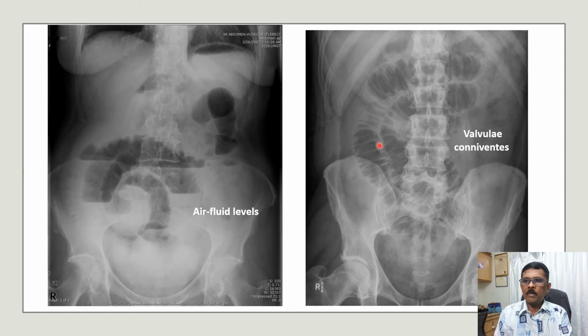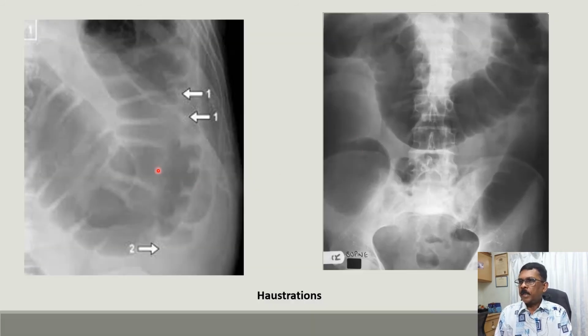This whole diameter of the small bowel, you see is the valvulae conniventes, which differentiates it from the haustra, which is only partial. Can you see? This is haustra, just partial. It stops midway, doesn't complete until the other end of the wall of the bowel. Here valvulae conniventes, and these are haustrations, large intestine in the periphery.